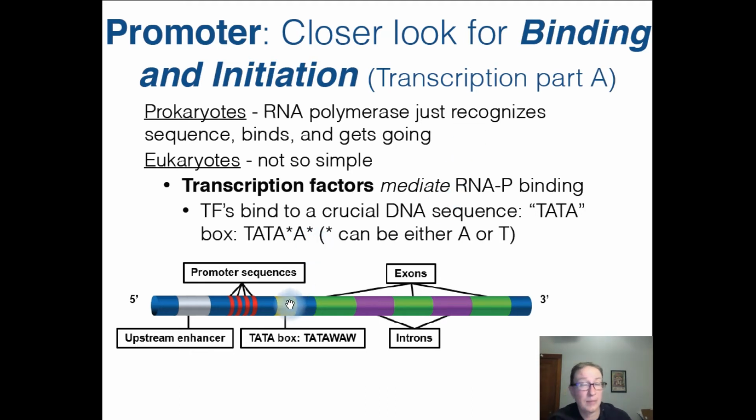So here's an example of how these things are organized for one gene. Here's the promoter sequence. Here is a TATA box. Here's something else that is upstream that we'll talk about in a moment. And then in this picture to the right, we've got the downstream portion, which is where the gene is that's going to get transcribed.